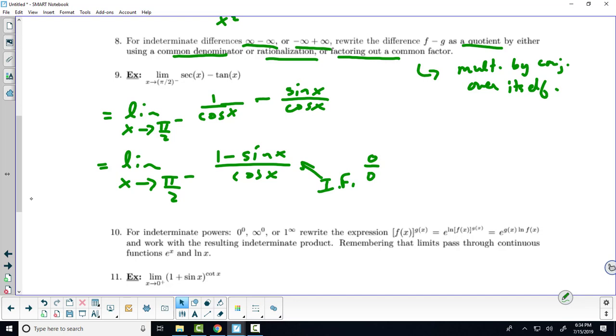Okay. By the way, we never actually identified the original indeterminate form. We should have done that, right? Because we're getting ready to apply L'Hopital's rule. Now it is clear that L'Hopital's rule applies, but why did we get started on this train? Well, what's the limit as x approaches pi over 2 from the left of the secant of x?